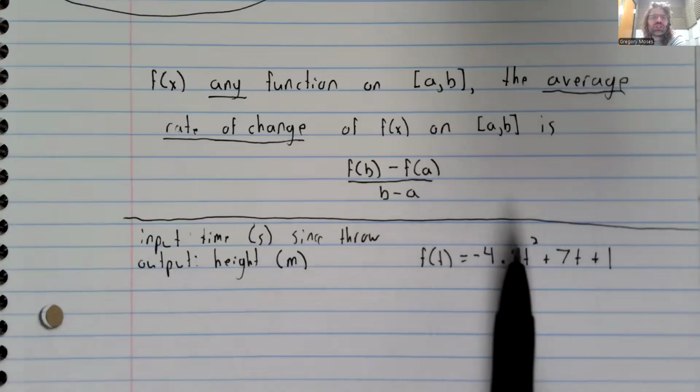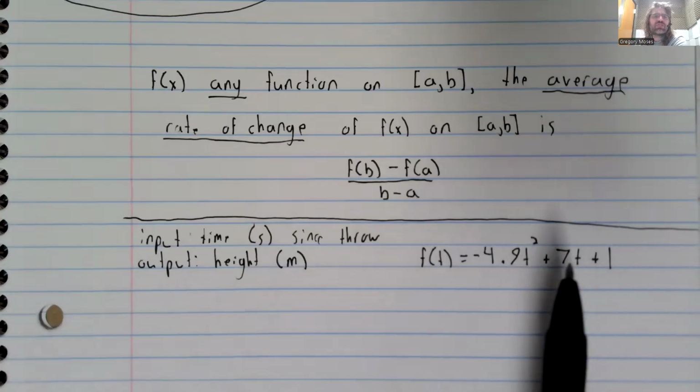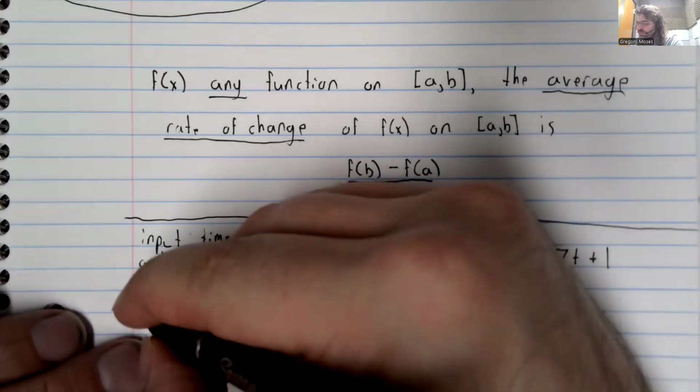And of course, this function isn't linear. This function isn't quadratic. So we can't talk about its rate of change the way we would talk about the rate of change of a linear function.